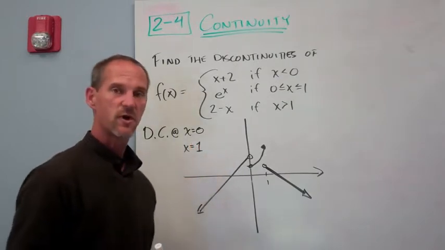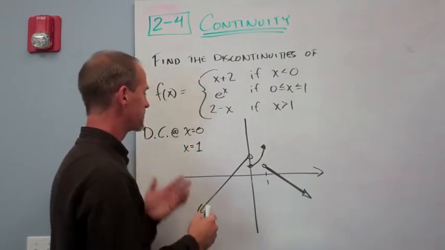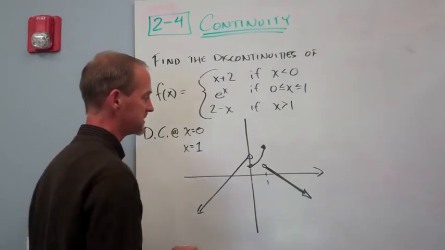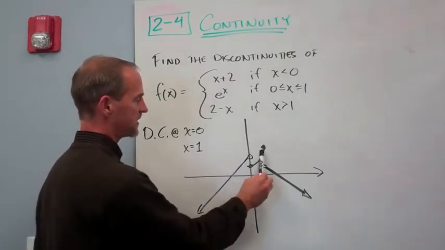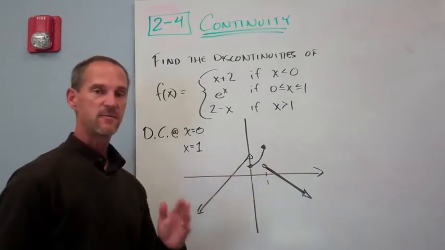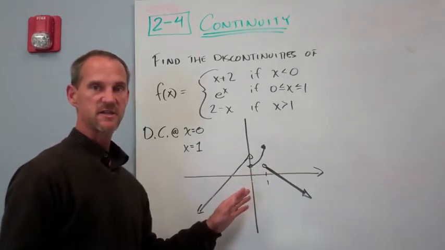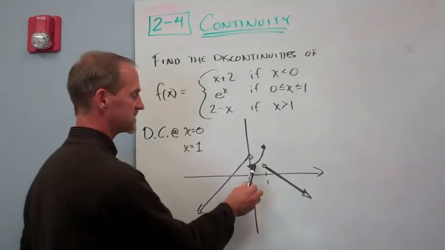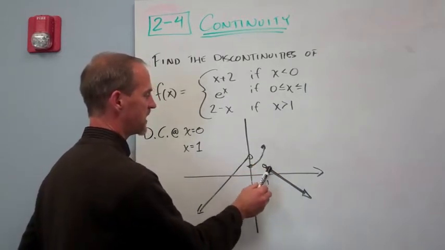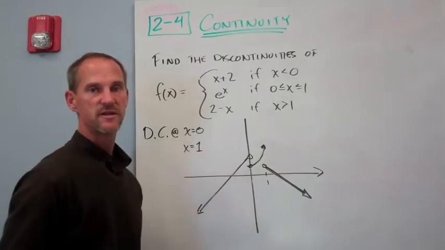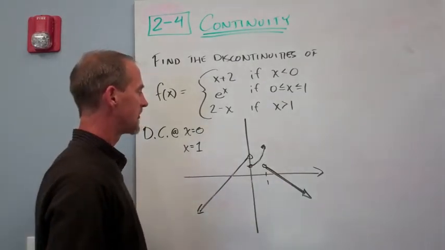All right, but they also want you to talk about from the right or from the left, or else say mathematically why that is. Here the problem is that when I come at it from the left and come at it from the right, the limit at 0 does not exist. So the limit does not exist. That's the same reason right here. The limit coming from the left and the limit coming from the right do not agree. So that is why there's discontinuity there.